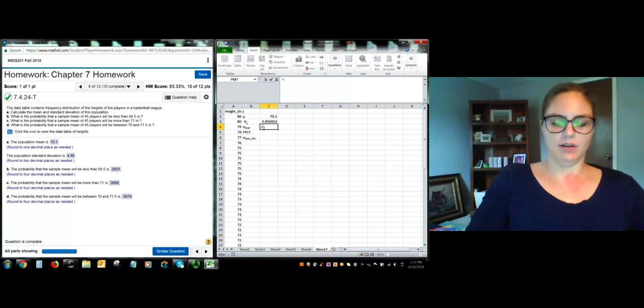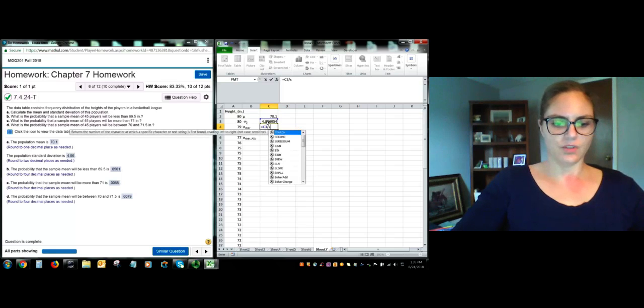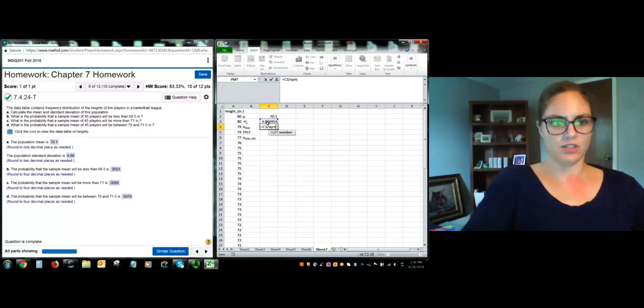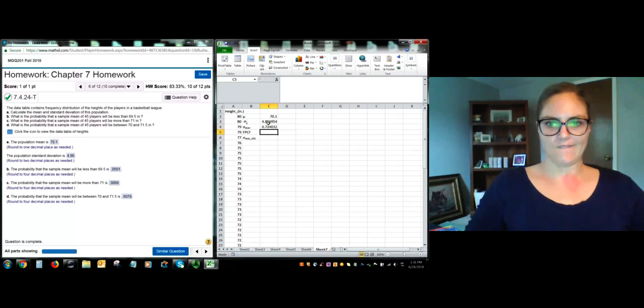So sigma x bar is given by sigma divided by the square root of n, which they're telling us is 45 here.